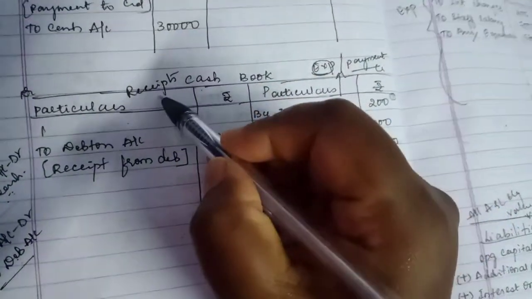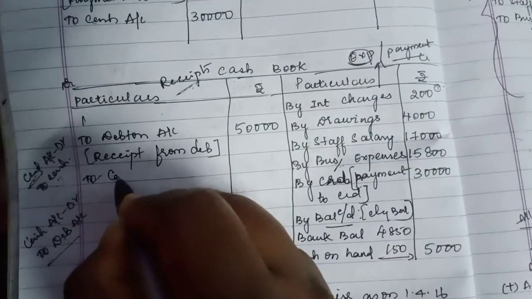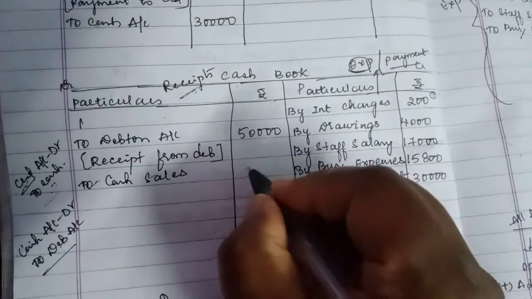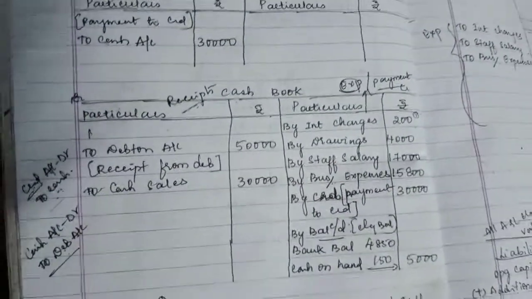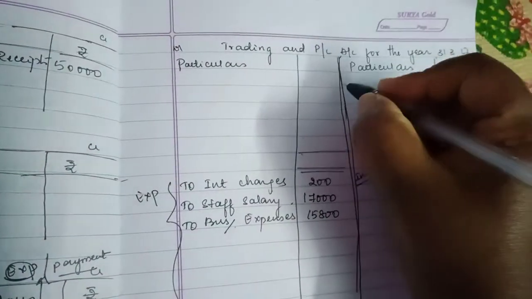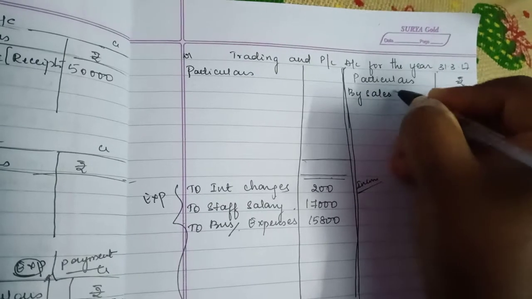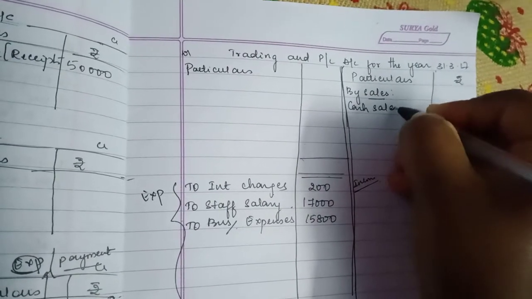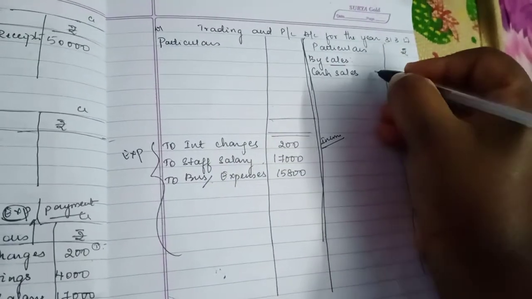Any receipt, any receiving, where does it come? In the to side. So I'm going to write here to cash sales. What is the amount? 30,000. Second time, where does it have to come? Go to your trading account. Write there by sales. Under that, write cash sales. What is the amount? 30,000.